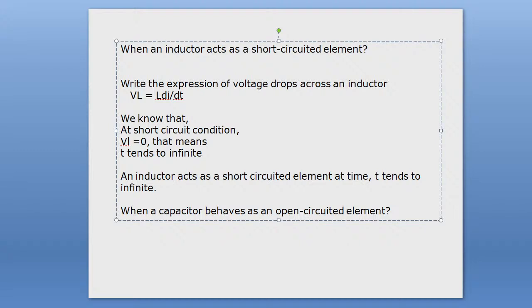Arkadev Ghosh, your expression is correct: i equal to dq by dt, V equal to Q by C. Now you tell me the correct answer from this expression. At t equal to 0, then what will you get? The division will be infinite, dq by dt, dq by 0.